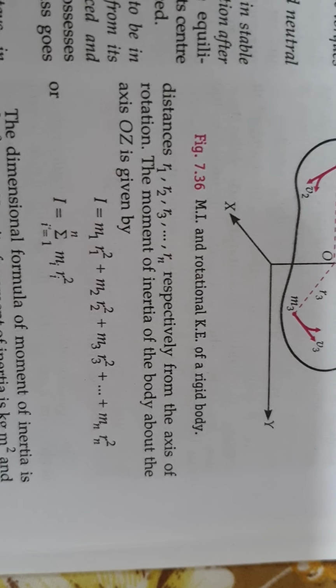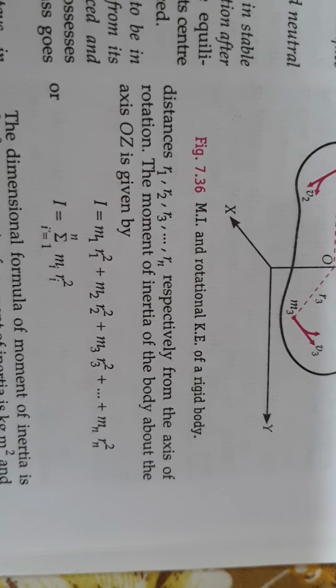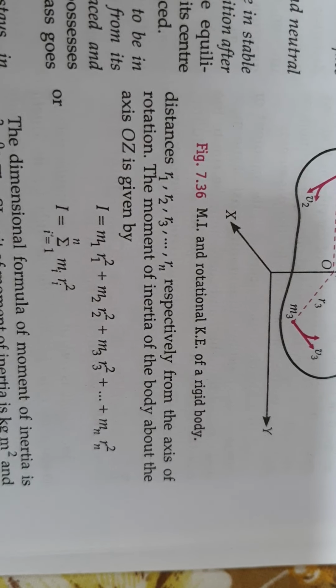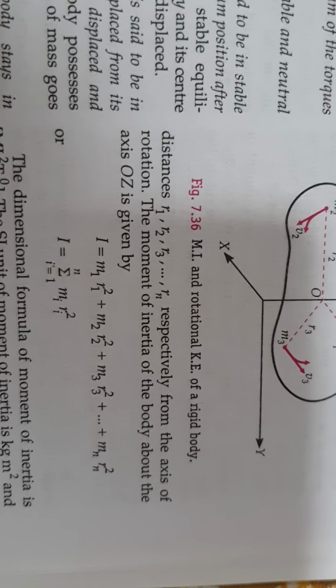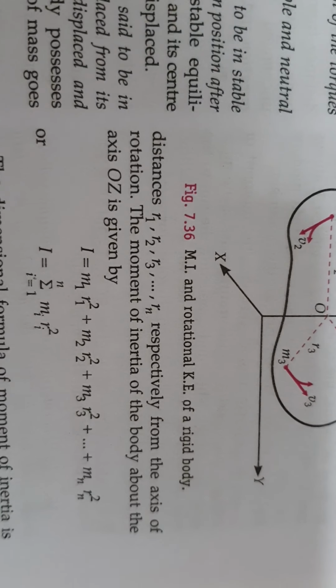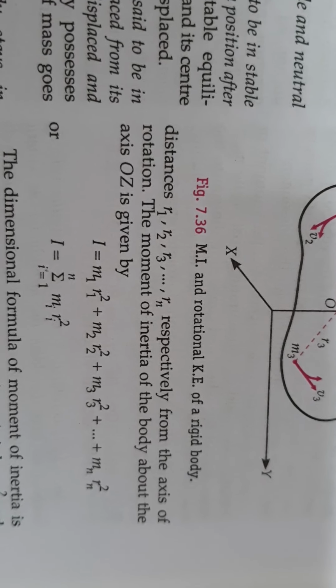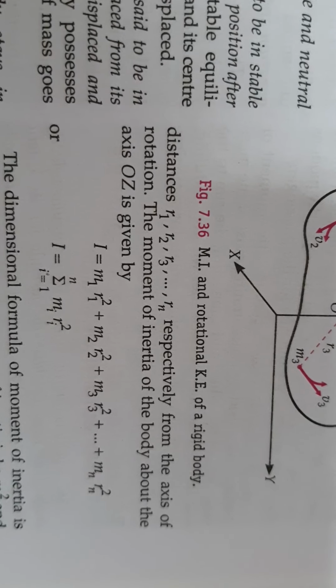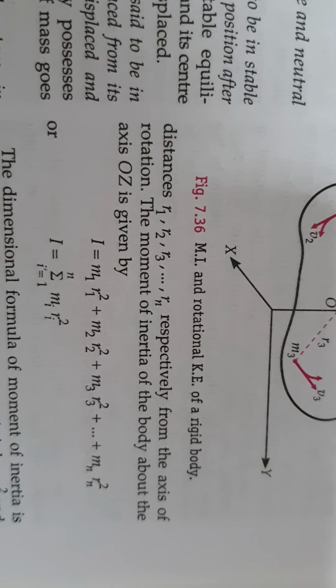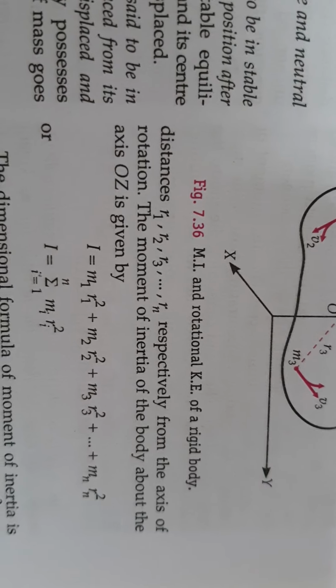That is, I is equal to sigma mi ri square. Now you understand how I write it. This is the mathematical form: moment of inertia is sigma, i equal to 1 to n, mi ri square.